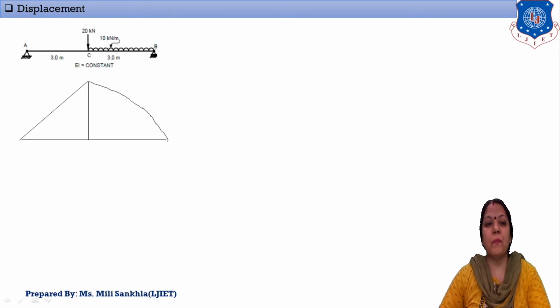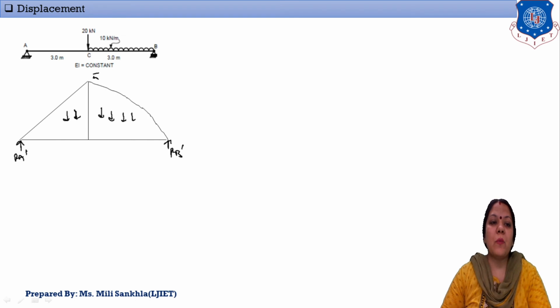Now here again complete the figure. First of all, indicate the forces that act in the down direction, and here we find out the new reactions of the conjugate beam, RA dash and RB dash. This middle point is 52.5 by EI, distance is given 3 meter, here is 3 meter, this point is C dash, and this is A dash.